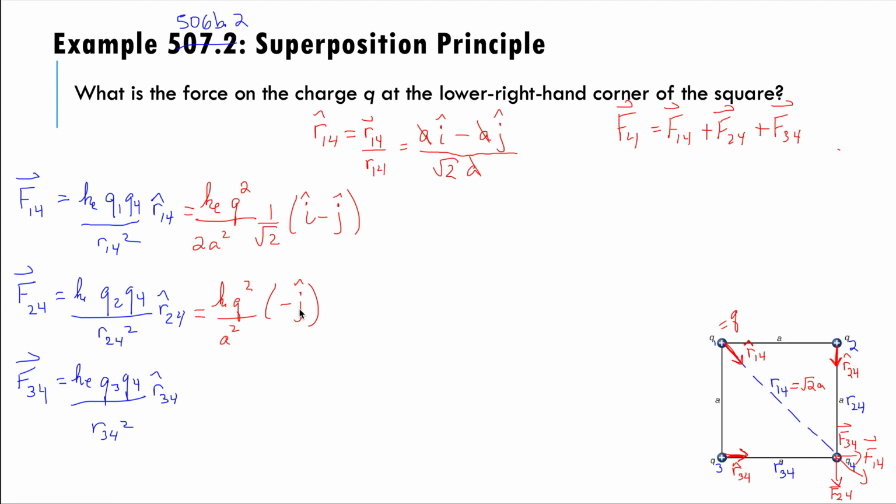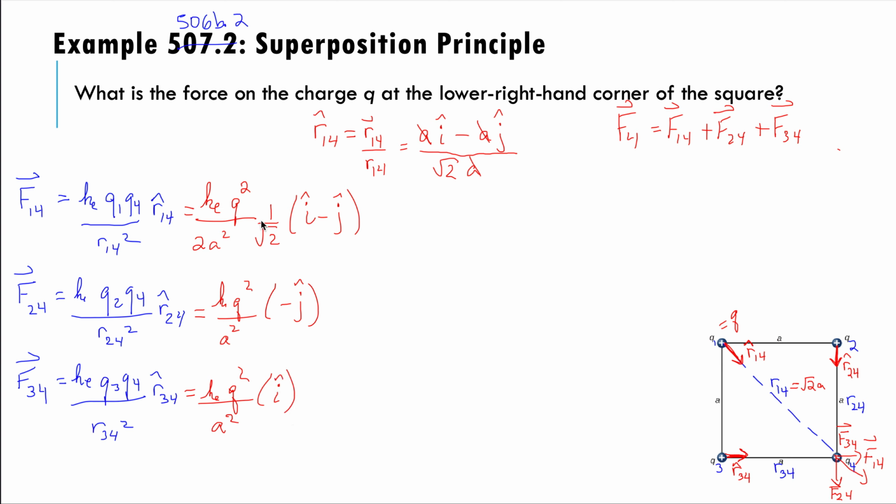And we know that j hat is a unit vector, so that's all that we have to do to find r24 hat. And finally, for F34, it's very similar: Coulomb's constant, q squared. The distance 34 over here is a, so we're going to square that. And what is the direction of r34 hat here? It's in the i direction because it points to the right.